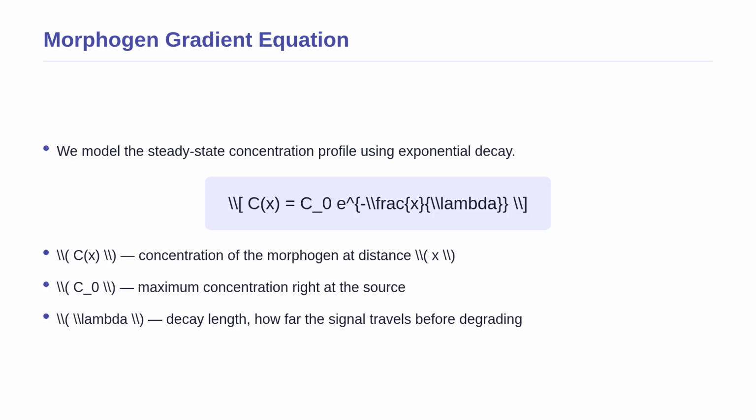The term C0 represents the maximum concentration right at the source. Finally, the Greek letter lambda represents the decay length, a constant telling us how far the morphogen travels before degrading. If source concentration increases, the signal reaches further. If decay length decreases, the signal breaks down quickly, affecting only nearby cells.